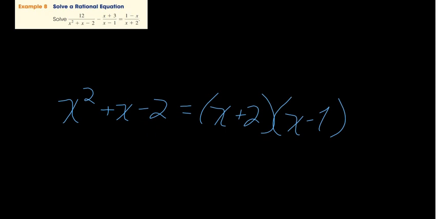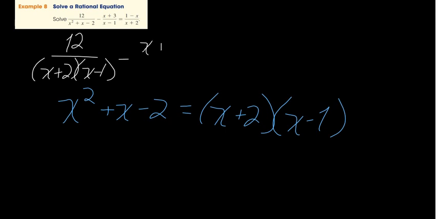So yeah, everything works out nice and neat. So let's go ahead and rewrite this now. So we have a 12 over, and then we factor that denominator. We factored it into x plus 2, x minus 1, minus x plus 3 over x plus 2. When I write small on this tablet, my flags don't really come out too great.